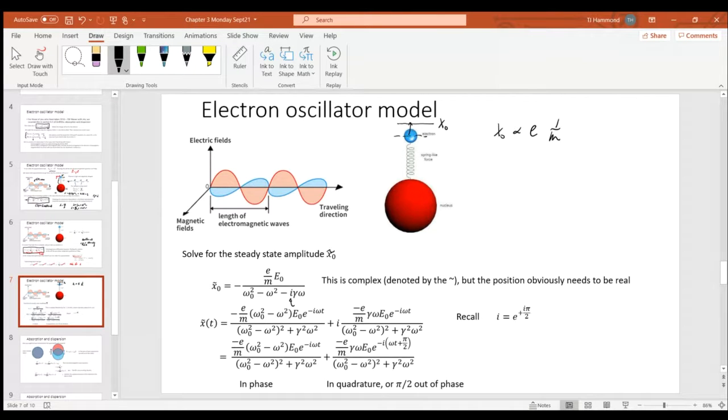So what this is also telling us is that we could also do this for the nucleus, because the nucleus is positively charged and this guy is negatively charged. This thing could also be moving, but it's going to be moving a tiny, tiny amount, say we'll call this x naught prime. But this x naught prime is going to be much less than x naught, because it's proportional to 1 over the mass of the nucleus, as opposed to x naught, which is proportional to 1 over the mass of the electron.